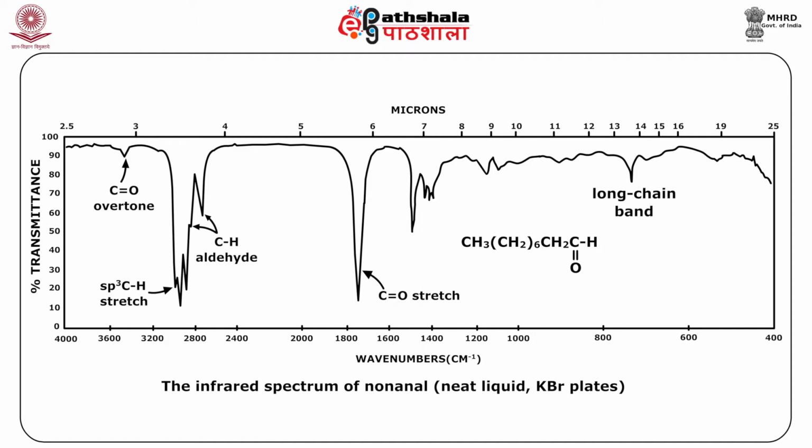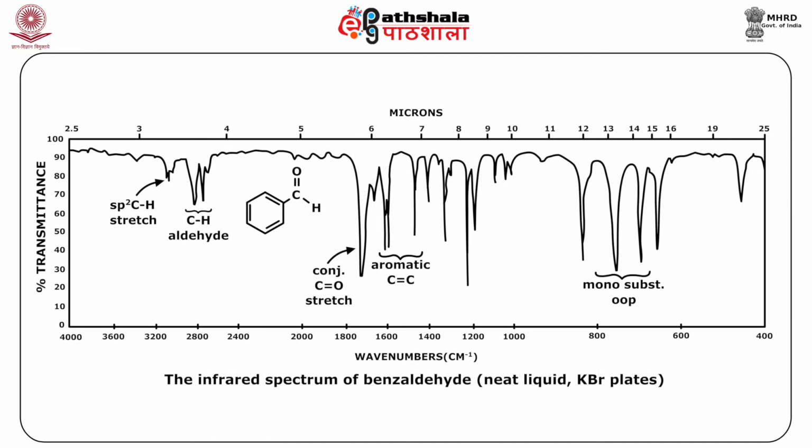The conjugation of an aldehyde to a C=C or a phenyl group lowers the C=O stretching by approximately 30 cm⁻¹. Now this effect is clearly seen in benzaldehyde, in which the aryl group is attached directly to the carbonyl group and shifts the C=O stretching frequency value to 1701 cm⁻¹.